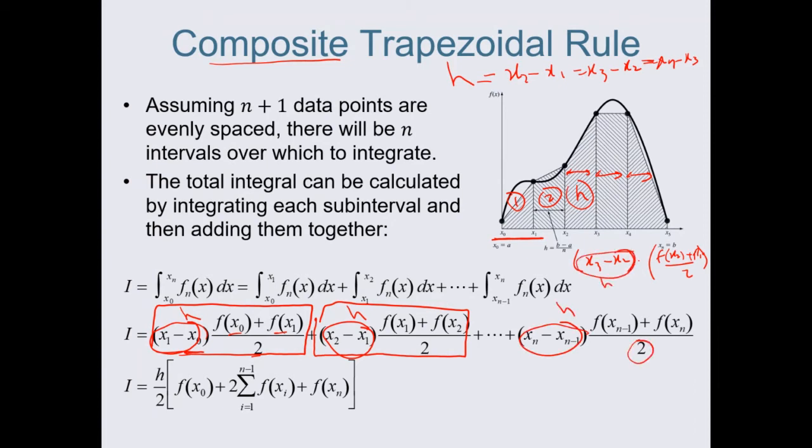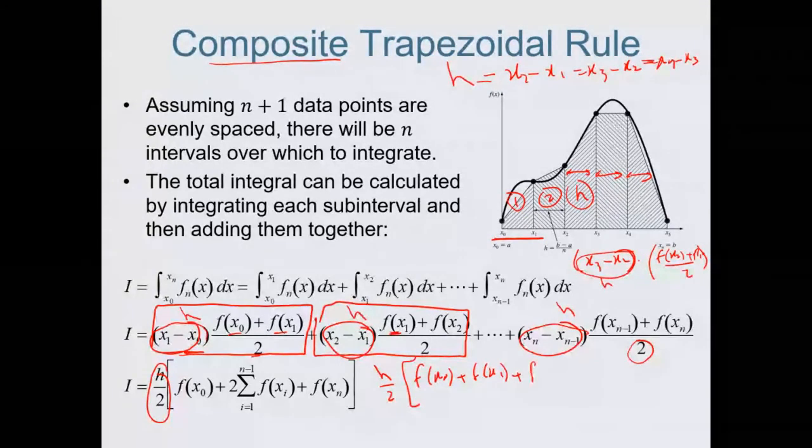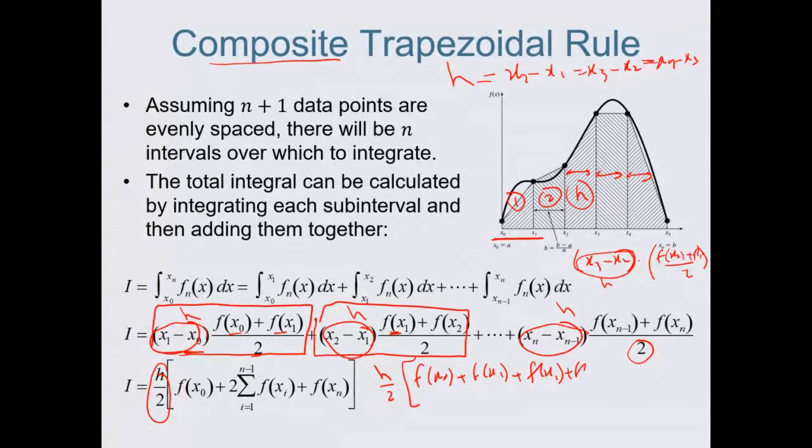And you can take the 2 out, so you have h over 2 as a common factor, and inside you'll be left with f of x0 plus f of x1 plus f of x1 plus f of x2 plus f of x2 plus f of x3. So you see that the first one and the last one appear only once.